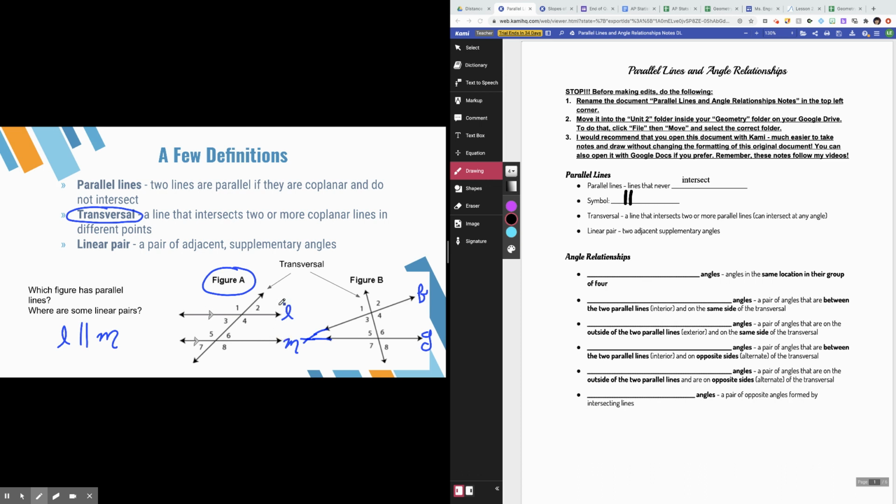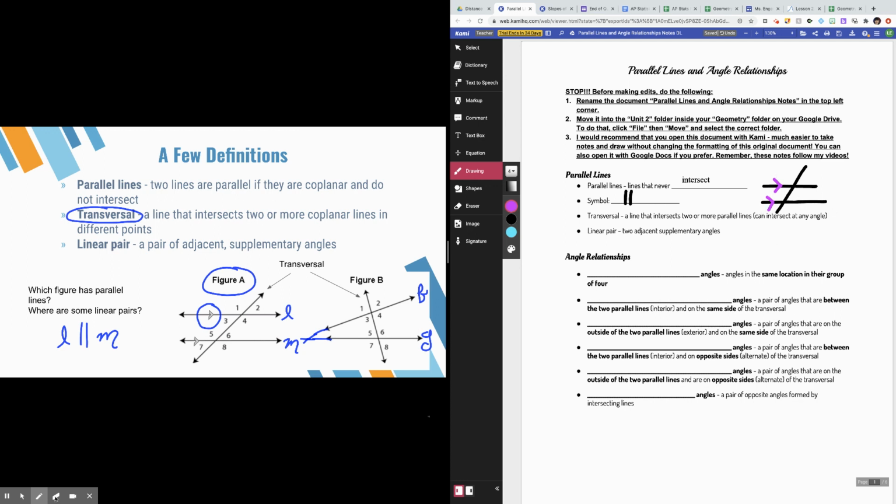So even though these lines look parallel, we can't know for sure unless we are told that they're parallel or you see this little arrow symbol on the lines. So it may be a good idea in your notes to draw a set of parallel lines with a transversal, right? And then the way you can tell is that the parallel lines will have these arrows on them that you can see over on the right hand side there in purple.